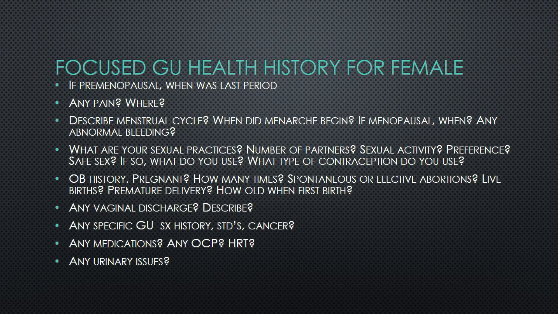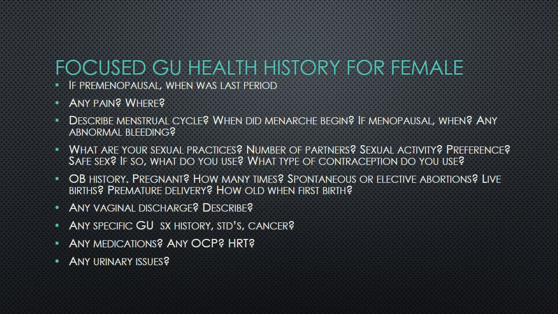There's a lot going on there with the internal organs and somewhat with the external. So you want to make sure that you assess, using OLD CARTS: onset, location, duration, characteristics, aggravating and relieving factors, and any treatments that they may have tried.